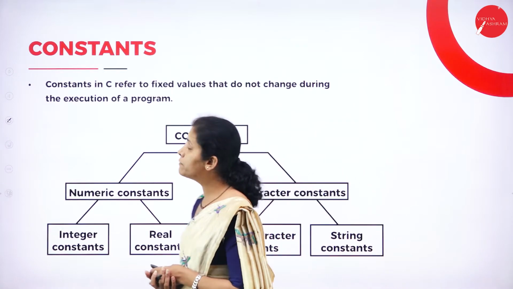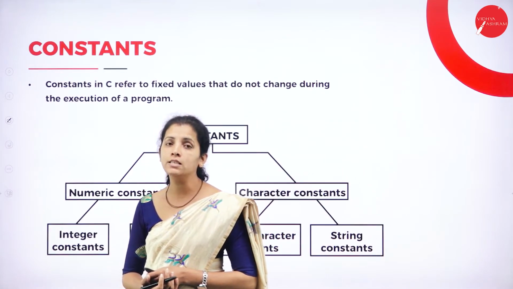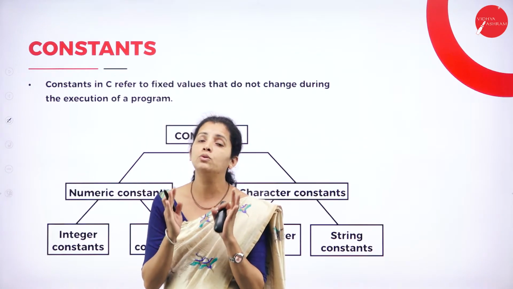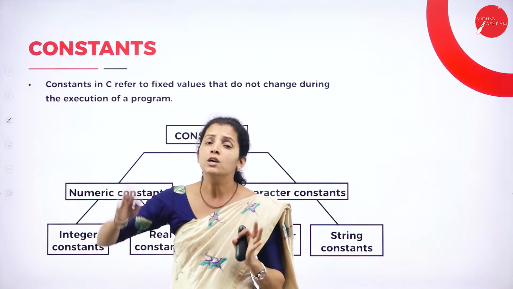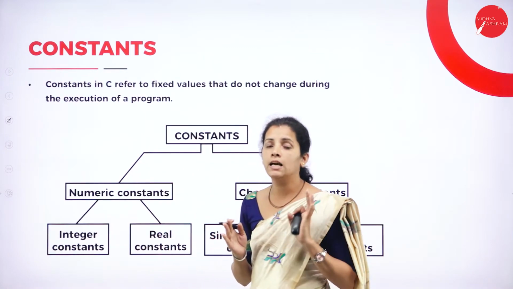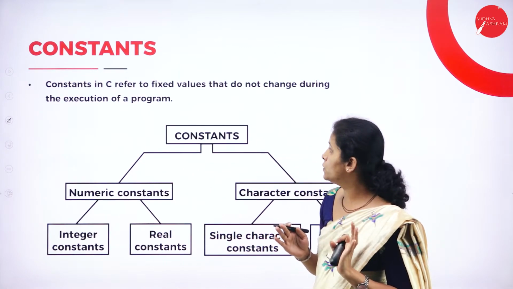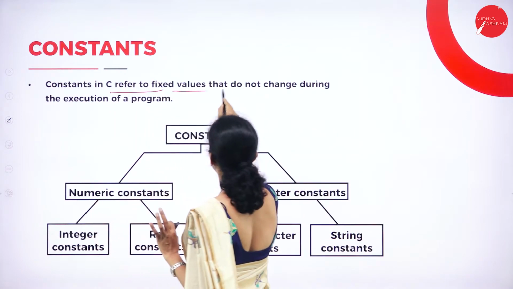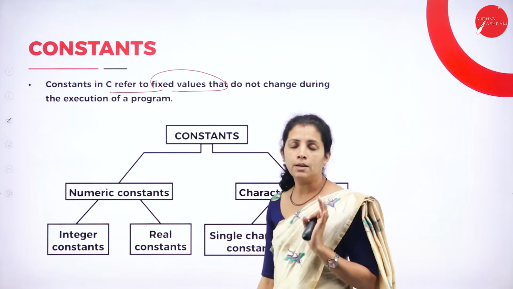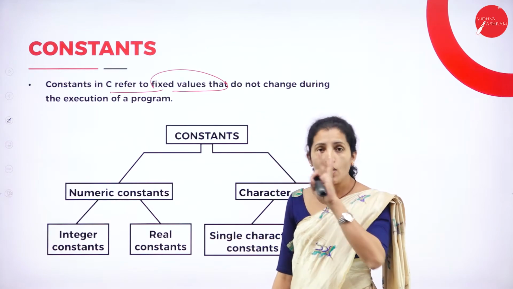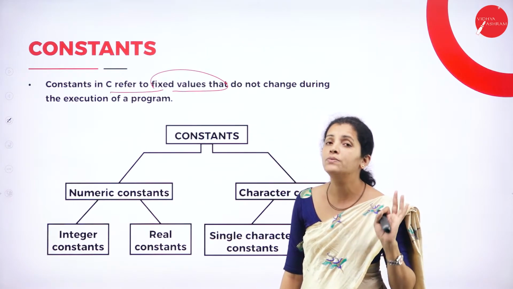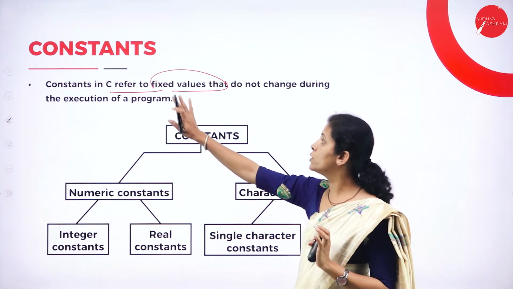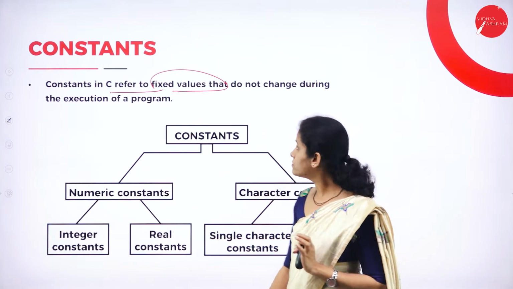Now I'm going to discuss the constant. So what is this constant? The name itself indicates that I'm going to have a constant value. So what is this constant? That is nothing but a fixed value. So constants in C refer to fixed values. That means there are certain times throughout the program when I want to use a fixed value, and in that situation, I'm going to use a constant.